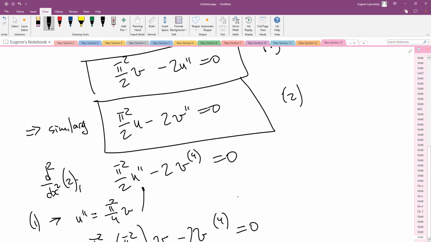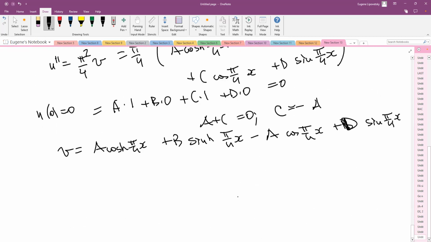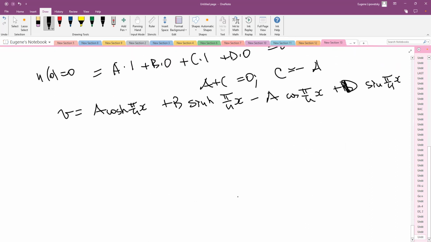So this way of solving it is okay, it's not incorrect, but it's kind of inefficient, because we don't get enough equations to find these things. So instead, let's try the matrix approach.